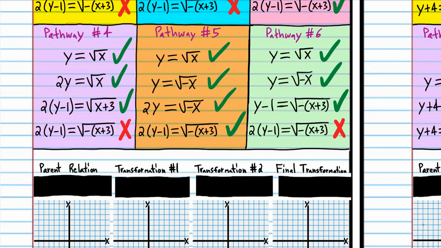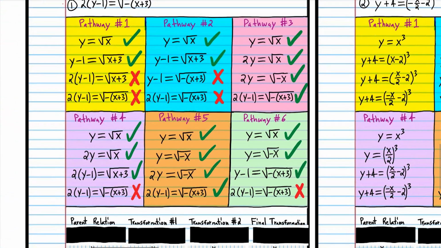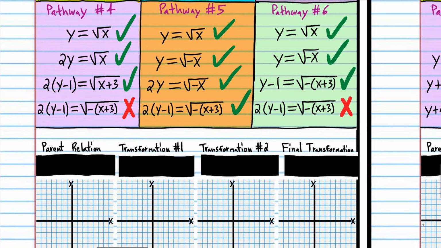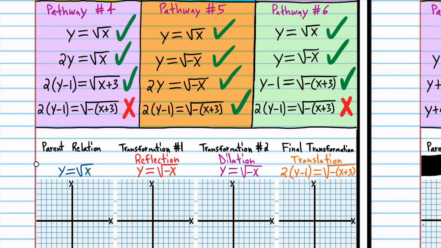So now we need to choose one of those pathways that worked. We can choose pathway number 3, or we can choose pathway number 5. And pathway number 5 is a little easier to get to here, so we're going to use pathway number 5. And I'm going to unveil that pathway.